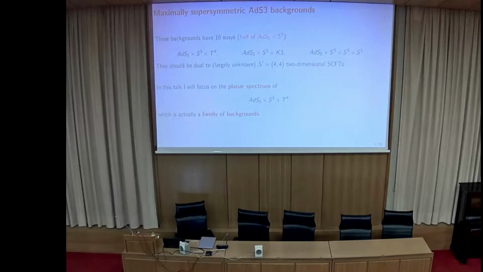The thing that one needs to realize is that this is a family of backgrounds because there are many moduli. One obvious modulus is the overall size of the space with respect to the string length, like in AdS5, for instance. So it would be the string length over the radius of AdS. The radius of S3 is the same as the radius of AdS. But there are also more parameters in this case.